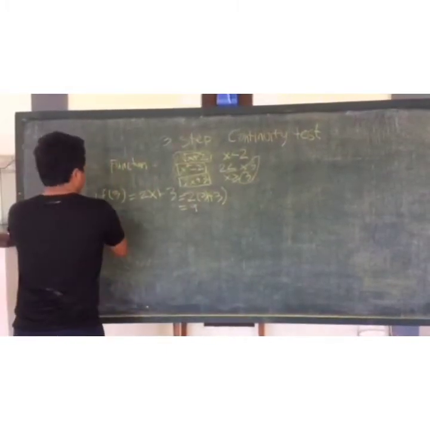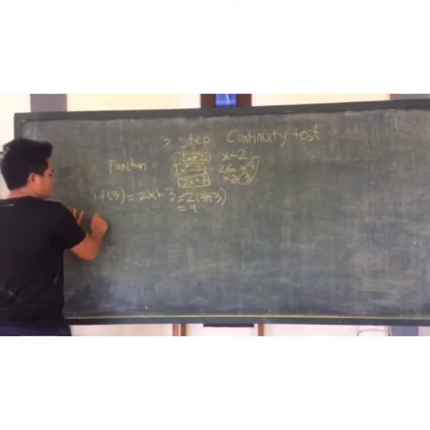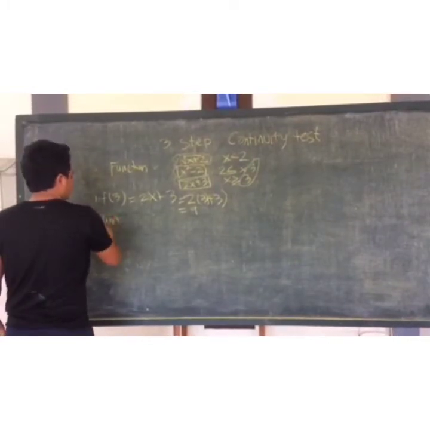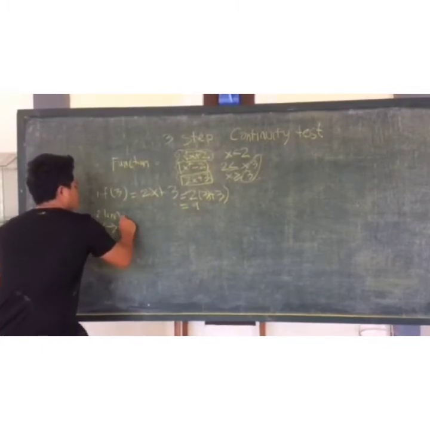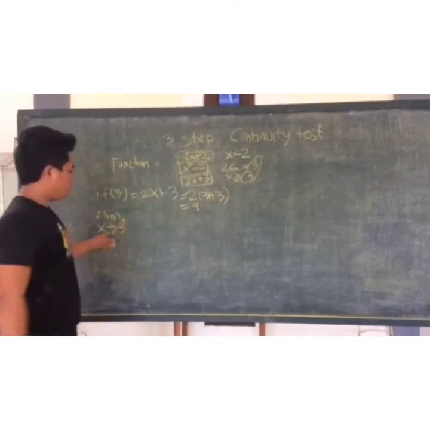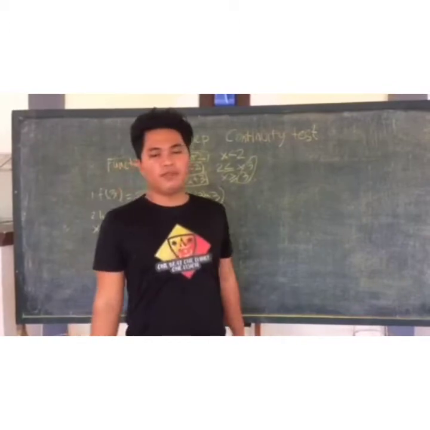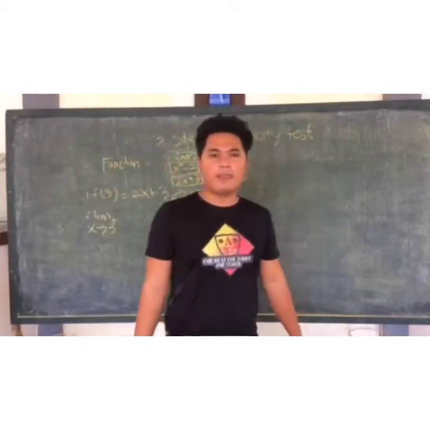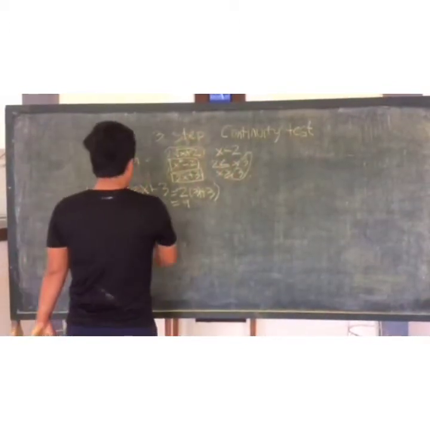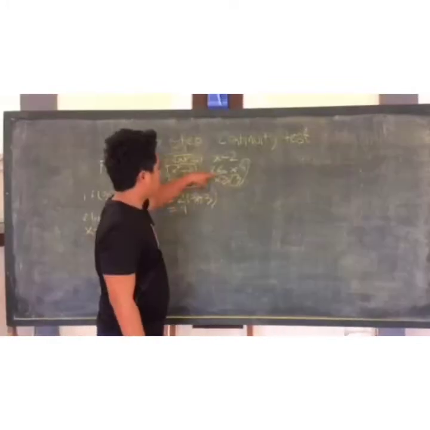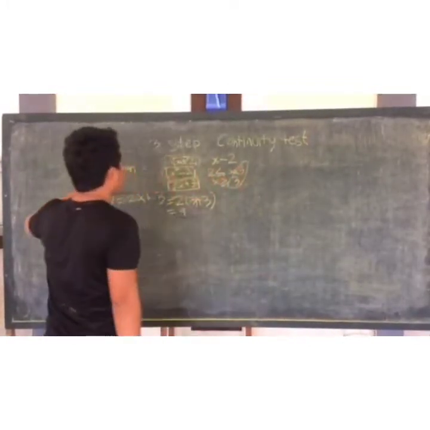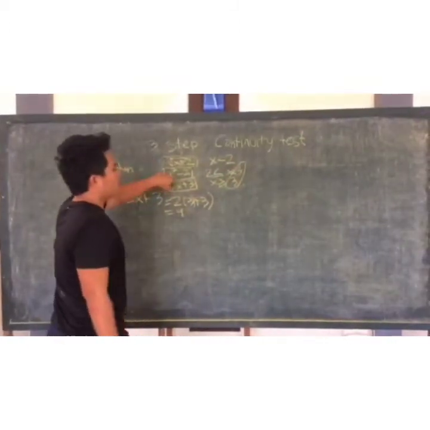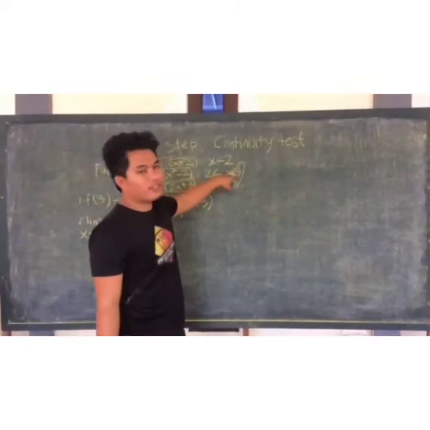Next, we solve for the limit of x approaches 3 from the positive side. We use this equation, x squared minus 2, because on the positive side x is greater than 3.